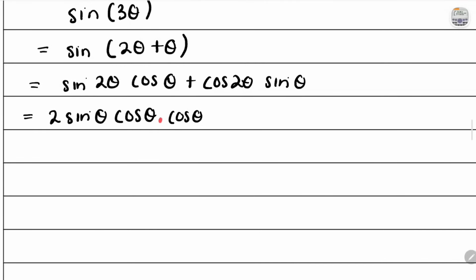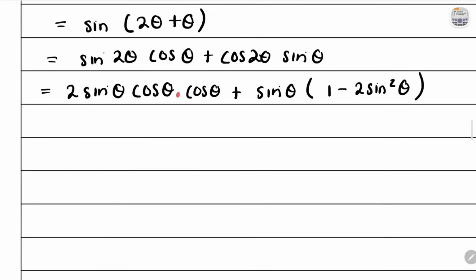And then we have a plus cos 2 theta, rather expanded to something with sine theta. So we can expand this part to 1 minus 2 sine squared theta. But it's going to multiply by the sine theta, so it's best to write it as positive sine theta multiplied by all of this, since that becomes 2 terms.